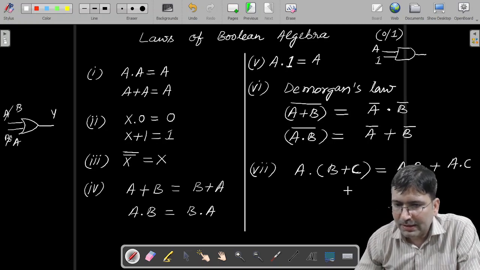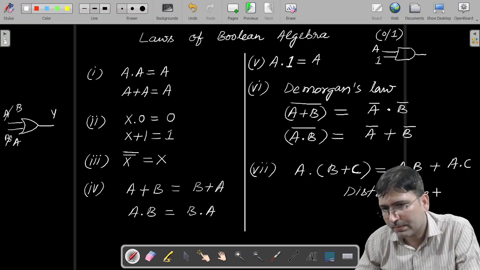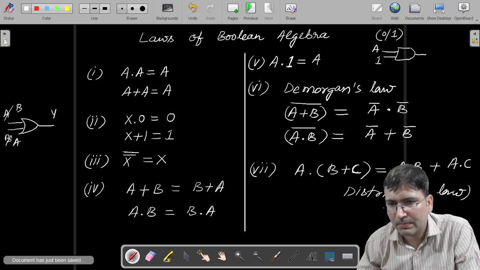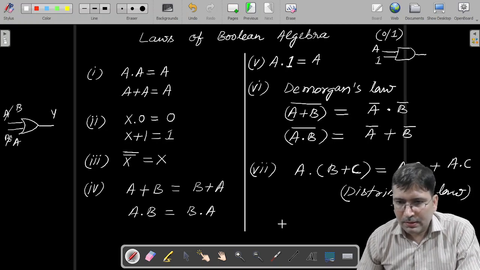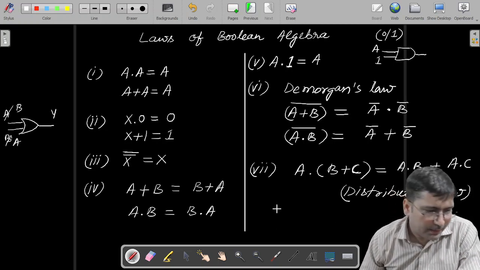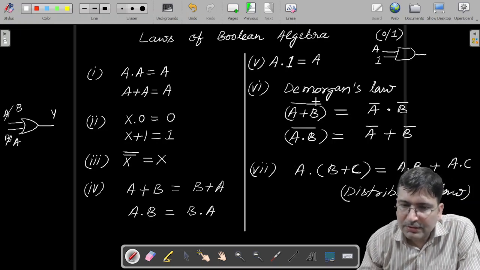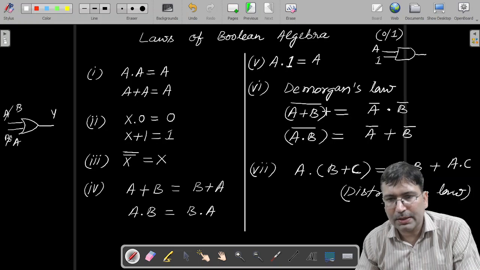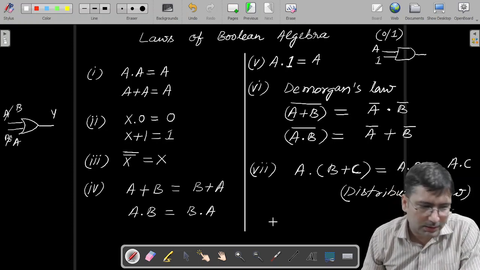So this is considered as the distributive law. Sometimes this bar may be represented with different symbols in different books. I hope you can understand all these things.